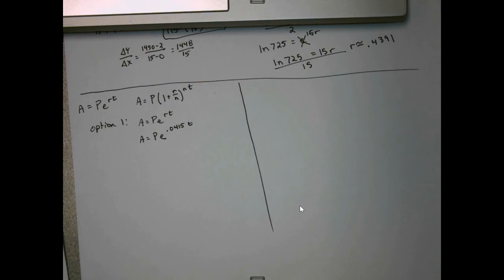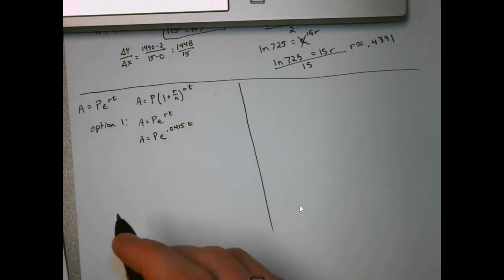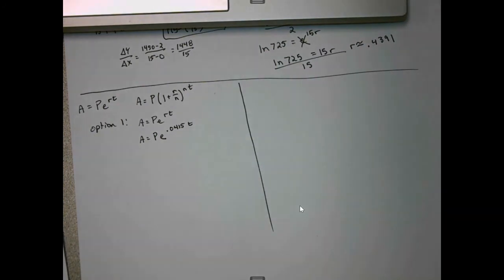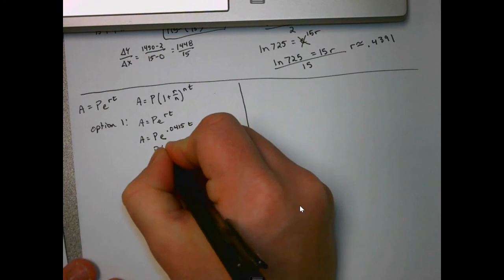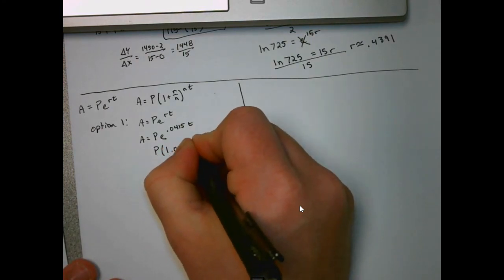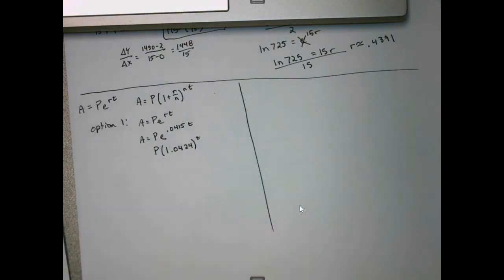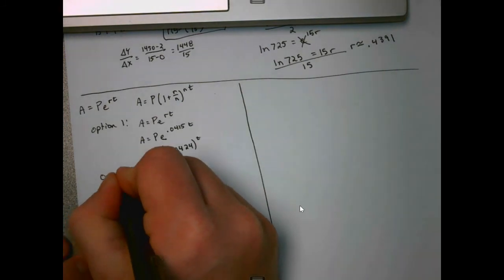So I can look at this growth rate right here, which if I put that into the calculator, we have e to the 0.0415, so that becomes 1.0424 to the t.